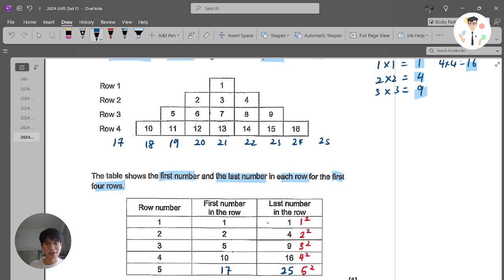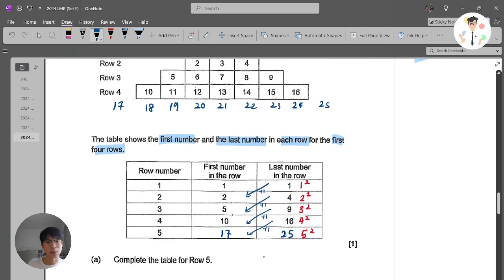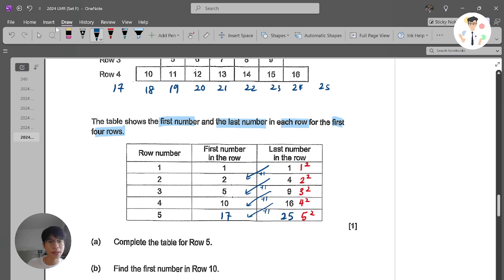You see, 1 plus 1, 4 plus 1 equals 5, 9 plus 1 equals 10, 16 plus 1 equals 17. So you just need to find the square number of the previous row, then plus 1. That will be the first number in the row. Simple, right?